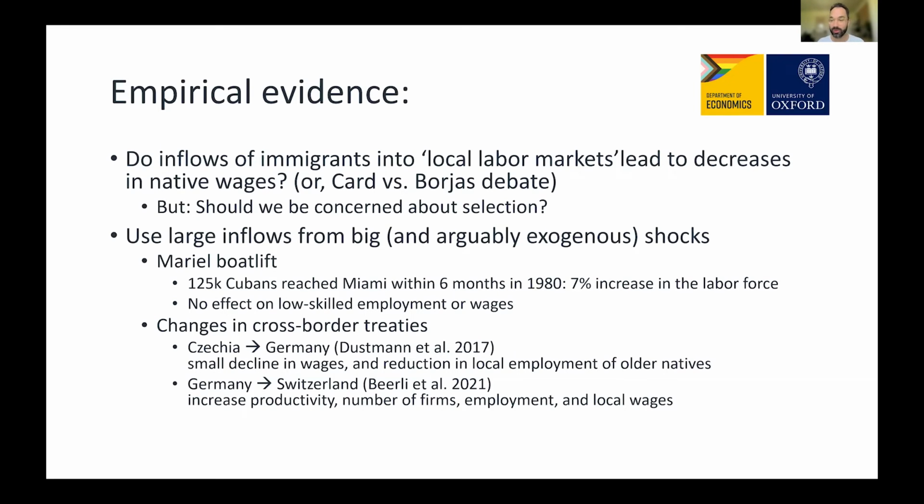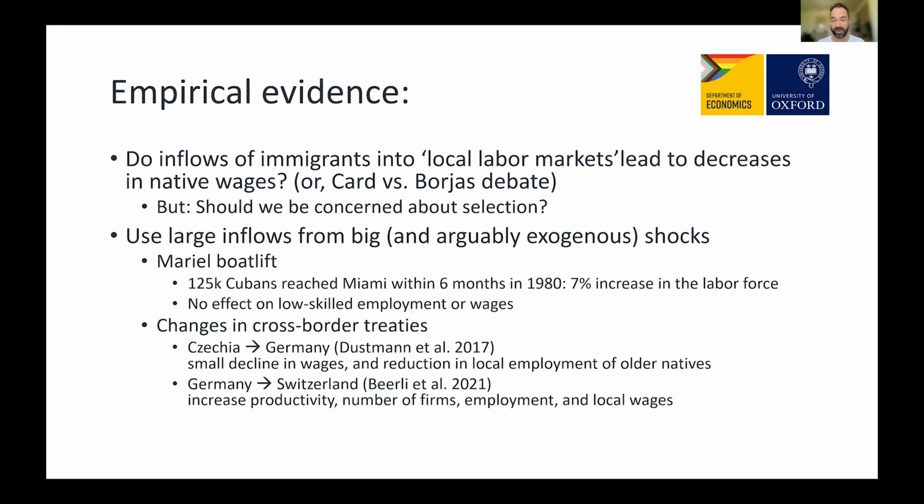And I'm just putting here two examples with slightly different results. There's the Dustmann et al. paper finding that people immigrating from the Czech Republic into Germany do lead to a very small decline in wages and some reduction in local employment, particularly of older natives.